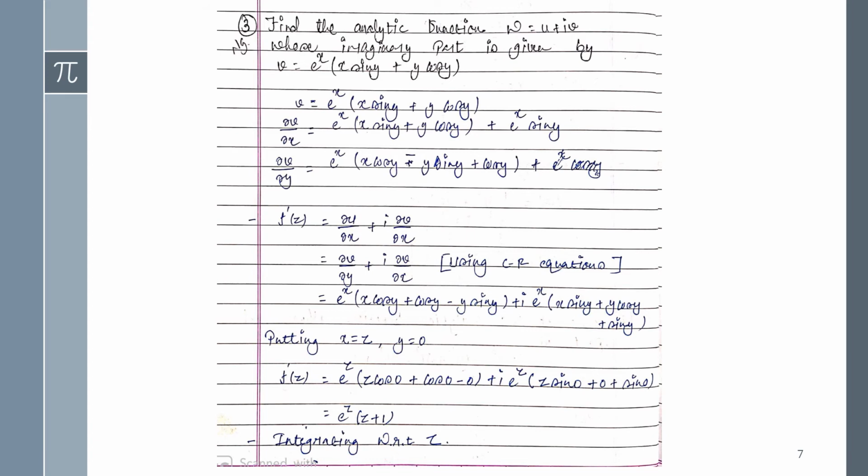So here you can see that v is given, that is, the imaginary part is given, right? So for the imaginary part you will apply the second case, right? So in the second case, as a first step you have to find del v by del x and del v by del y.